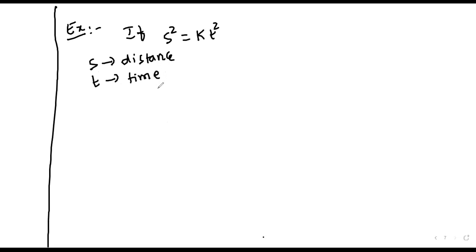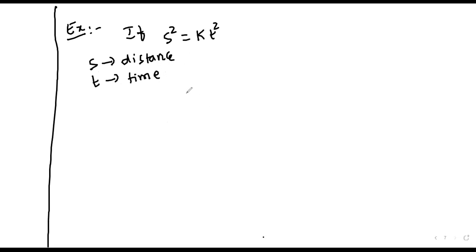If s square is equal to k times t square, where s is the distance and t is the time, will the particle exhibit uniform motion or not?